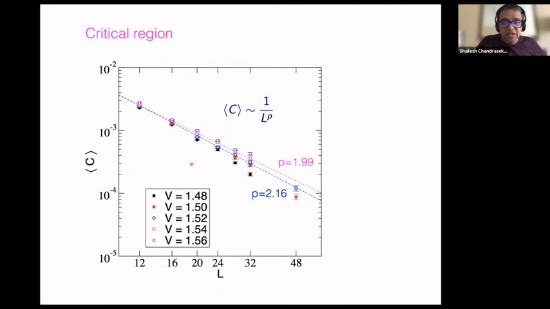So in the critical region, we have looked at all these various couplings. Remember, the critical value was at 1.52, where the power was 2.16. We looked at 1.50, and there the data started falling off at L equals 48. It was a good power law fit so far, but the power law is beginning to change here.